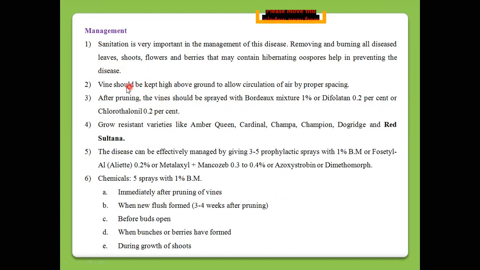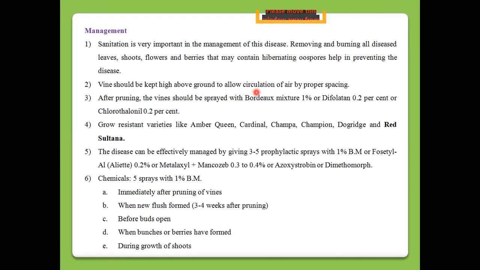The grapevine field should be kept open above the ground with proper spacing to allow air circulation, because relative humidity is a major factor in producing downy growth on the grapevines. So the field is kept free from disease by allowing proper air circulation.